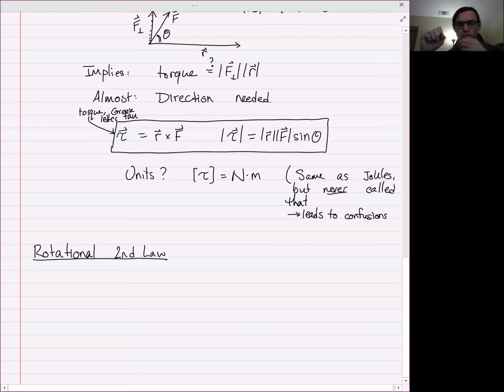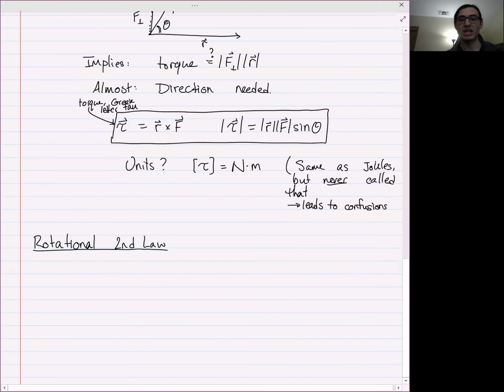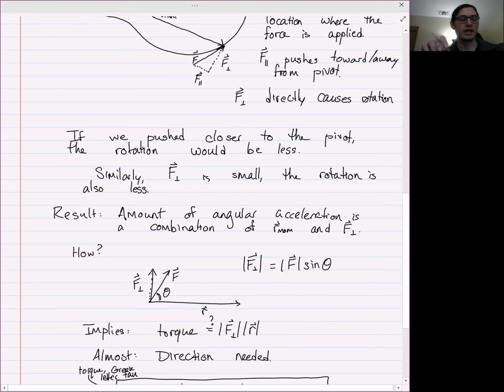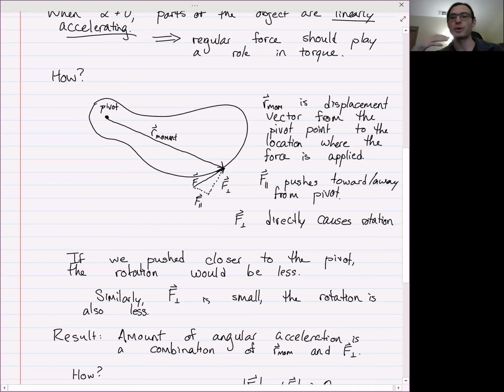So first of all, let's think about the direction of rotation. In this example up here, the direction of the rotation that we would expect just by using our intuition would be counterclockwise, right? Because you're pushing on it one way, so you'd expect it to rotate that way. So we could figure out what is the direction of the associated torque.